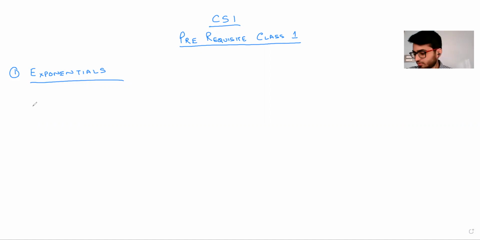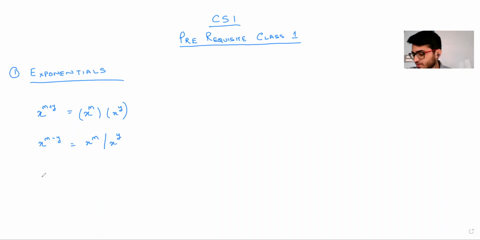The first one which we have is x to the power m plus y. This can be broken down into x to the power m into x to the power y. Then again we have x to the power, let's say, m minus y. This can be written as x to the power m divided by x to the power y.